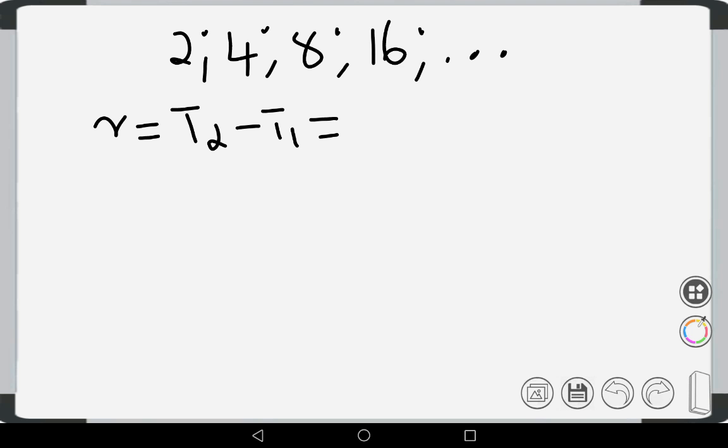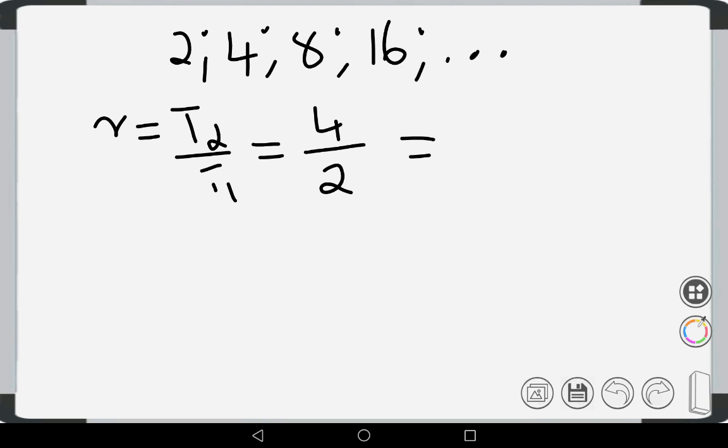Sorry, not t2 minus t1, it is t2 divided by t1, which is 4 divided by 2, which is 2. And if you check, t3 which is 8 divided by 4 is still 2. So our r is 2.